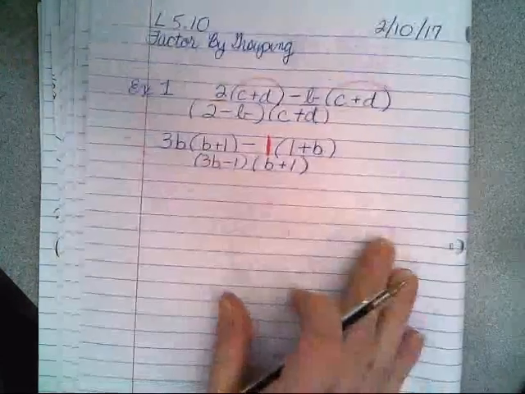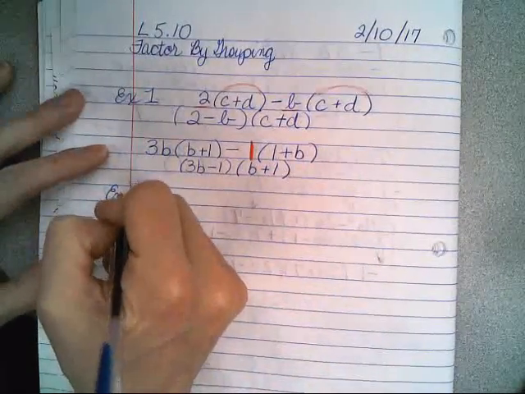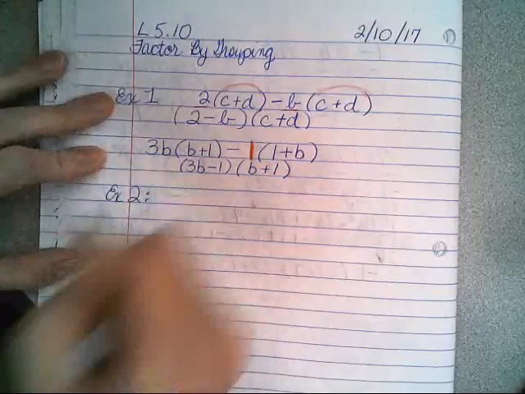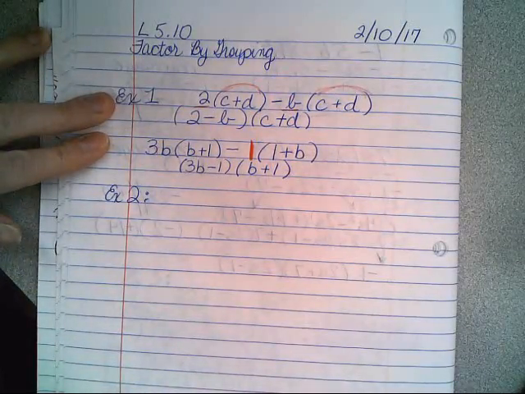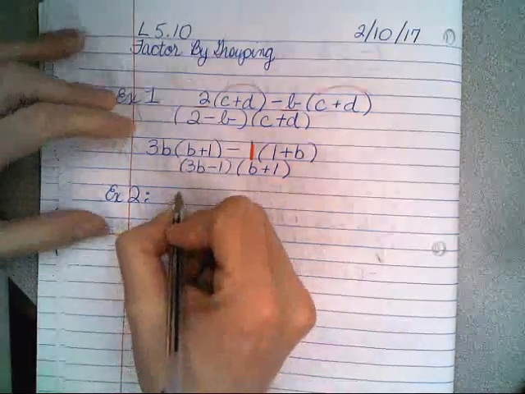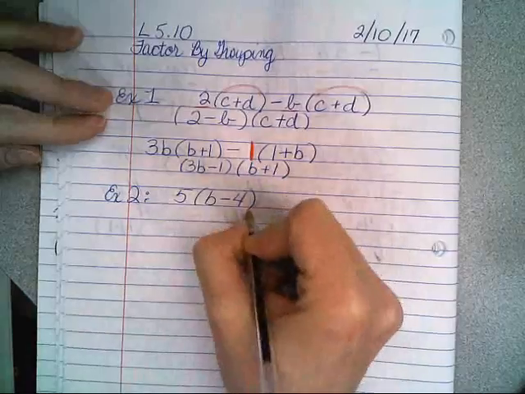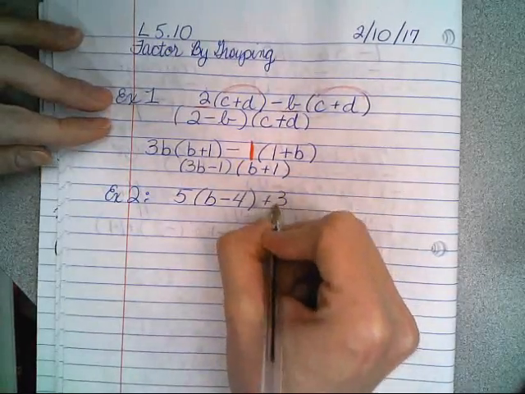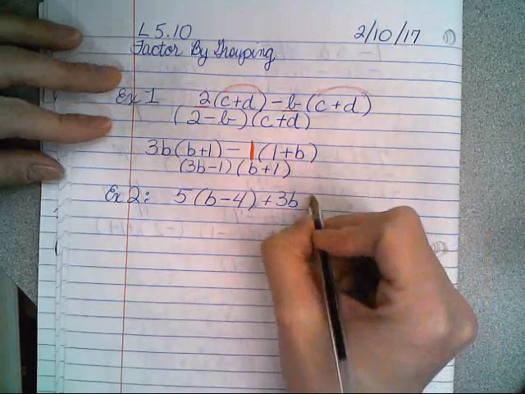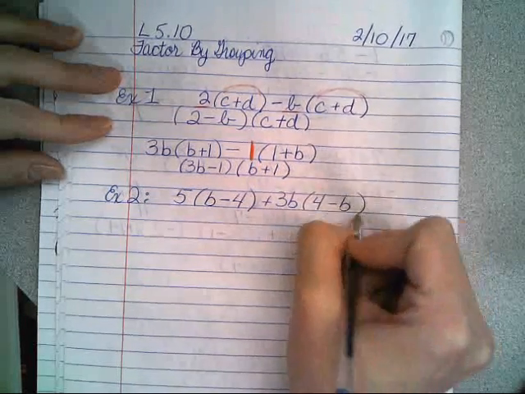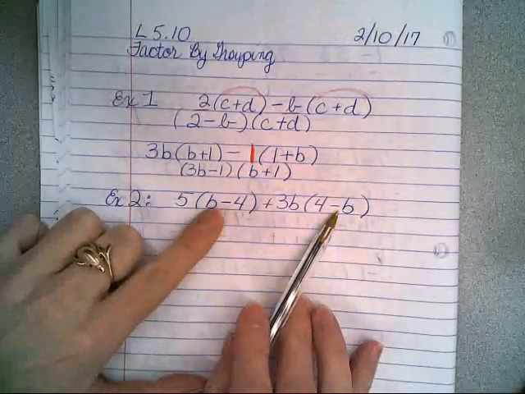Here's another one that I find interesting. Example 2. 5(b minus 4) plus 3b(4 minus b). Now, unlike the one above, these two components are not the same.